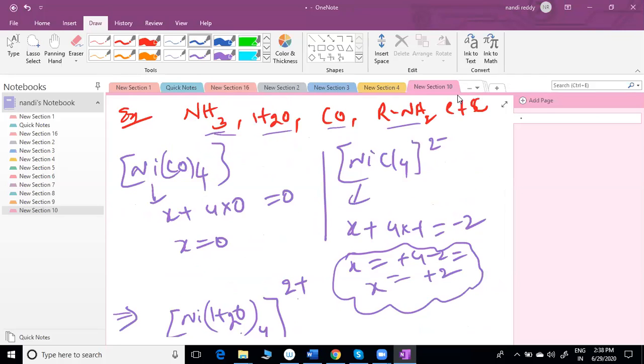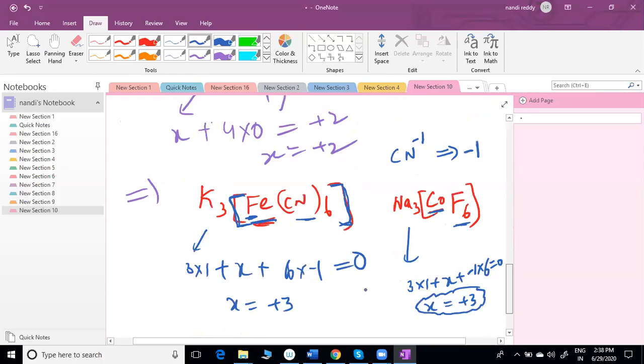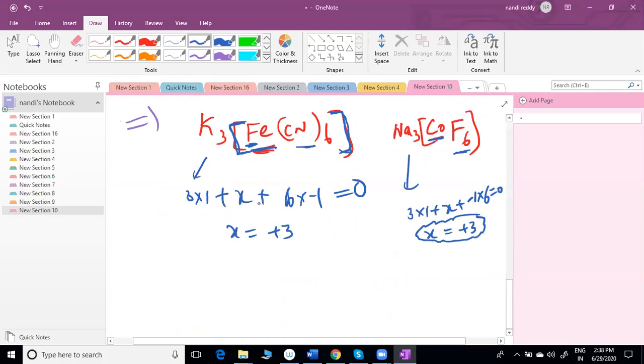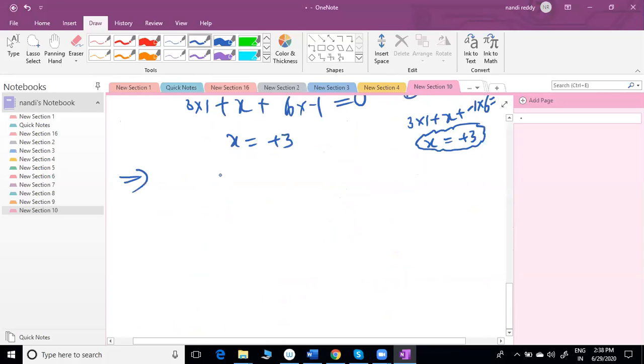No, not all ligands; only neutral ligands have zero oxidation state. Okay, fine. I'm going to the next step. Some more examples to discuss. Calculate the oxidation number.